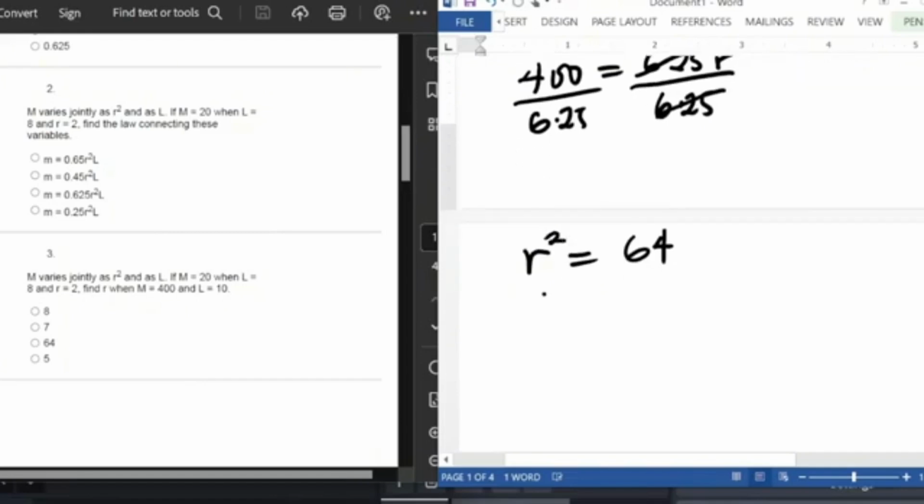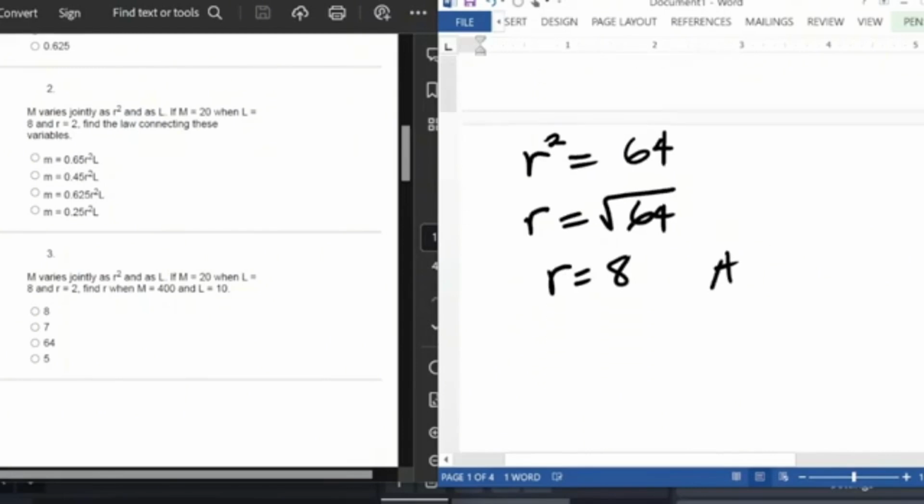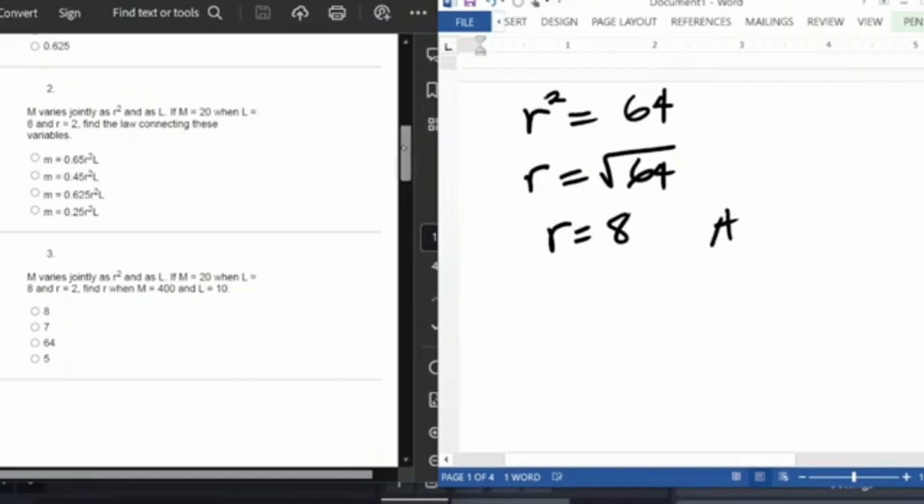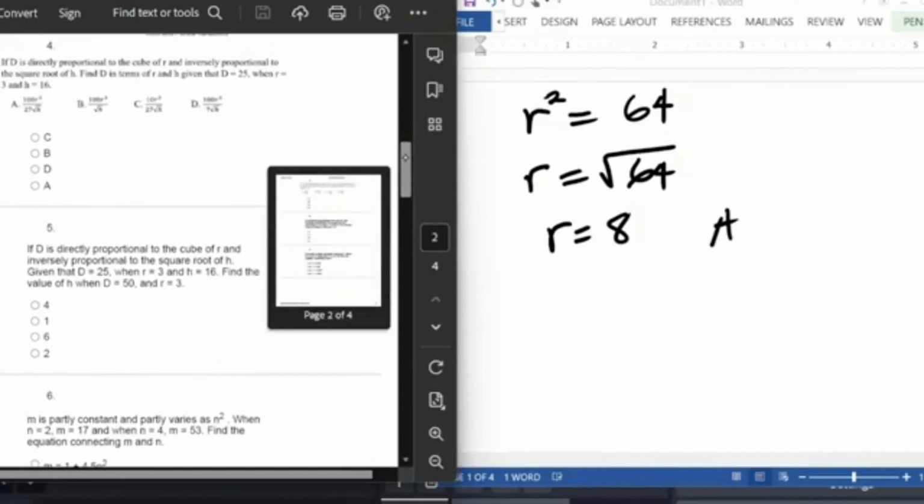It is r we're looking for, not r squared. So we square root both sides, therefore r will be equal to the square root of 64, then r is equal to 8. So that is option A. How this is very clear. So let's go to question number 4.